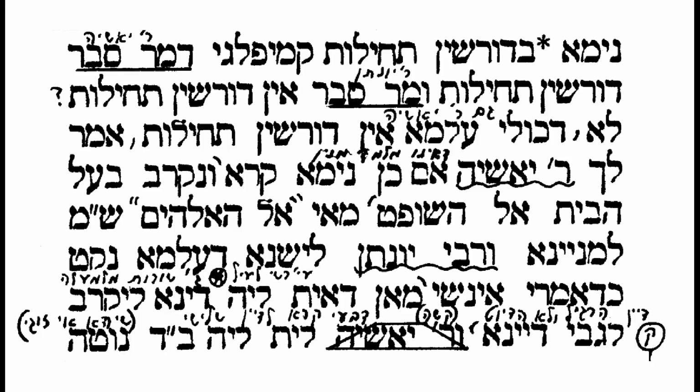Rav Yehonasan, who disagrees, says, Lishna di alma nokat. The choice of the word Elohim is not to serve as a sign to darshan it, but rather it used a general expression, kida'amri inshi, as people speak. Man de'is leih dina, someone who has a case, likrav legabi dayana, should come to bring his case to a dayana, to a person who's an expert, knowledgeable and not a commoner.